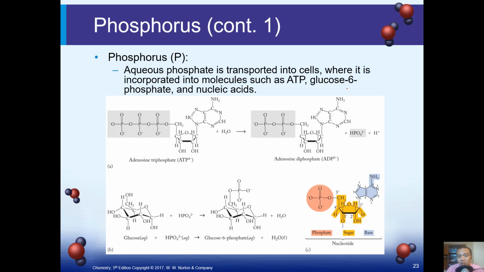Aqueous phosphate is transported into cells where it's essential to life, as shown on the slide. Phosphate is incorporated into molecules such as ATP, glucose 6-phosphate, and nucleic acids.